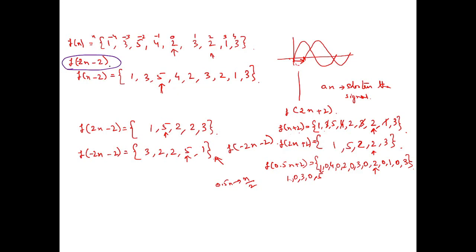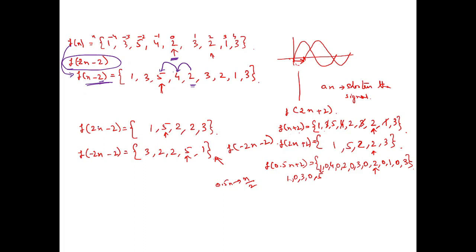First, from f of n we go to f of n minus 2. This was our origin. We have to advance the signal by 2, 1, 2. So this has become n minus 2.